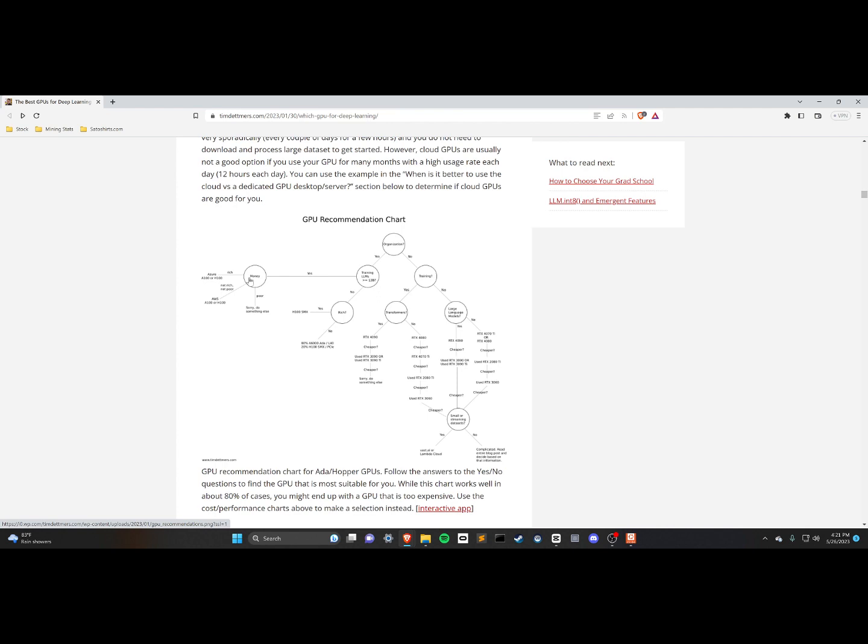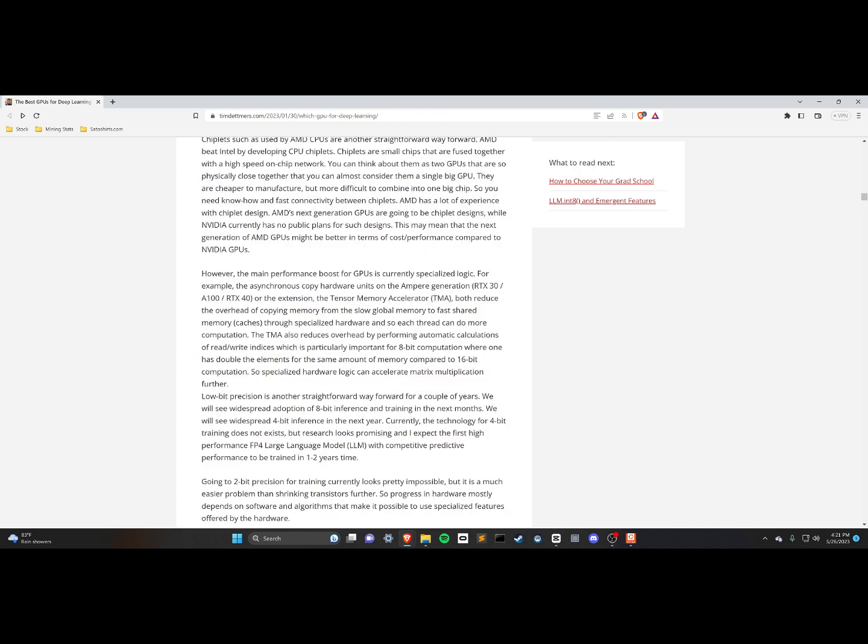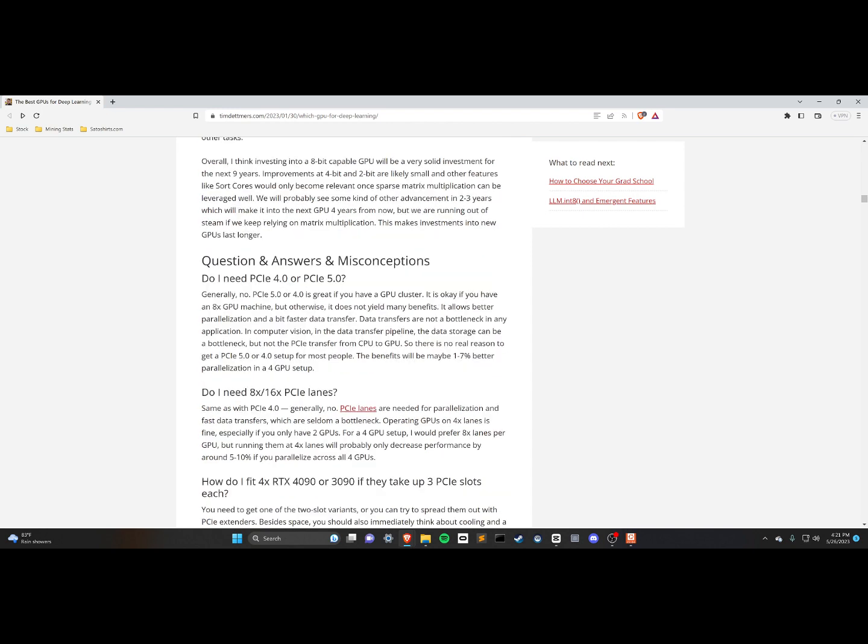Is it better to wait for GPUs, the future of GPUs? In this, it actually says no, you might as well get them now and start now, because the better you'll learn along the way. Every series is going to have something more. Here it talks about PCIe 4.0 versus PCIe 5.0, which is what I was just talking about when you have a GPU cluster in an 8x GPU machine, but otherwise it does not yield many benefits.